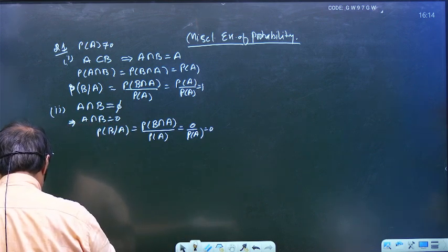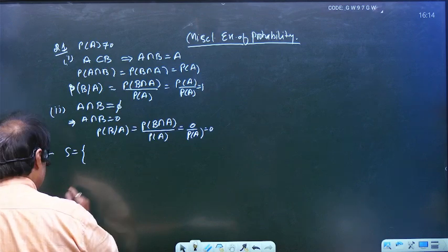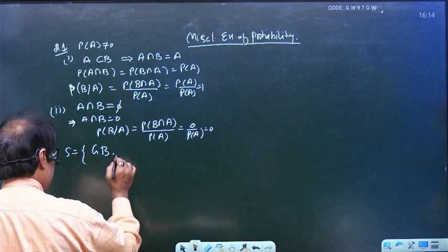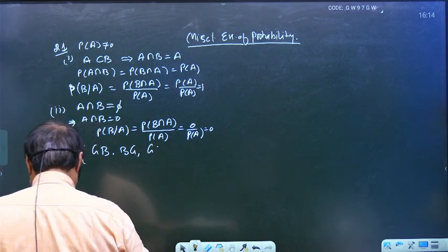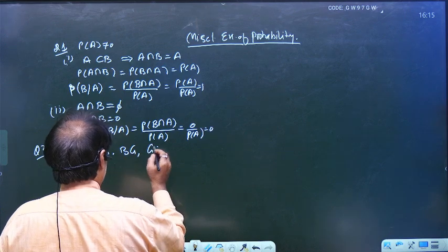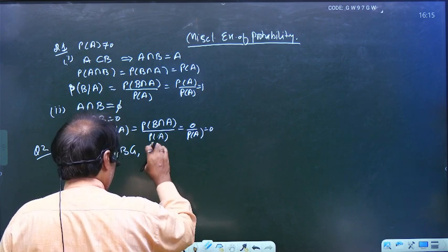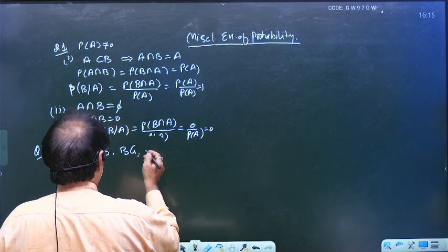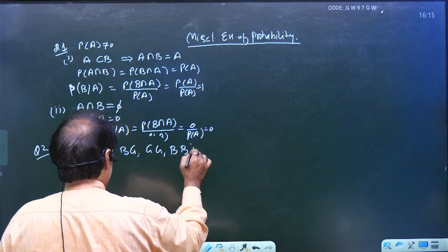So the sample space is: girl boy, boy girl, both girls, and both boys.